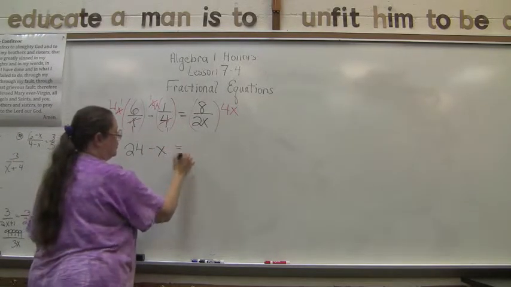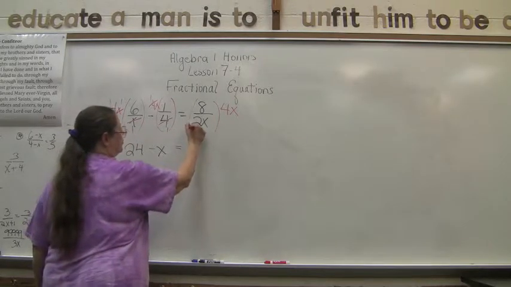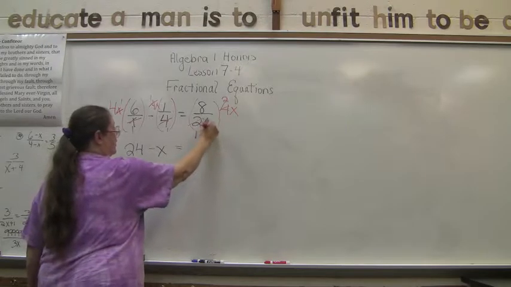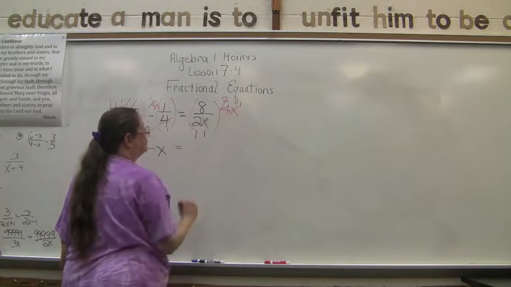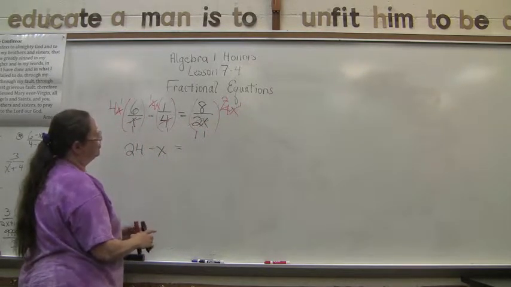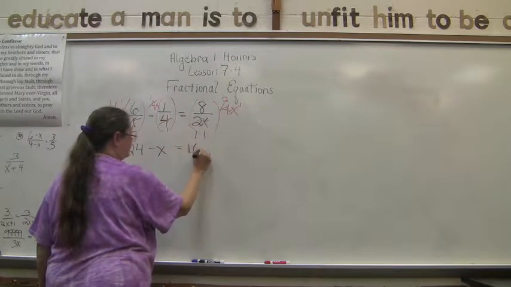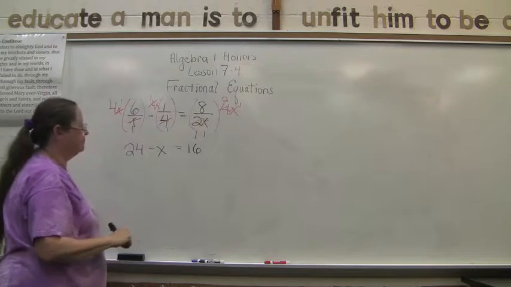Over here, when I cancel, 2 goes into 2 once, 2 goes into 4 twice, x goes into x once, x goes into x once, and I'm left with 8 times 2 times 1, which is 16, and 1 on the bottom.